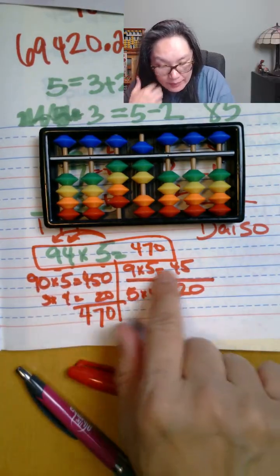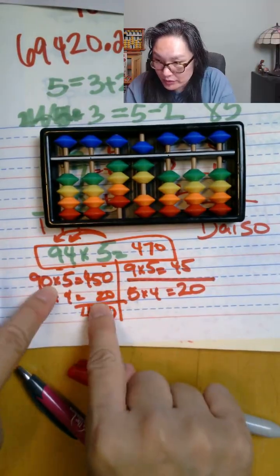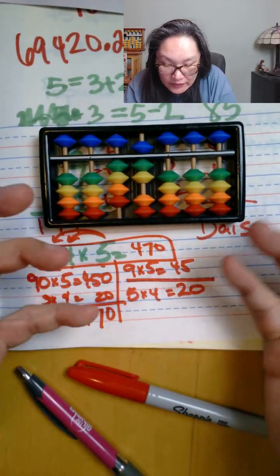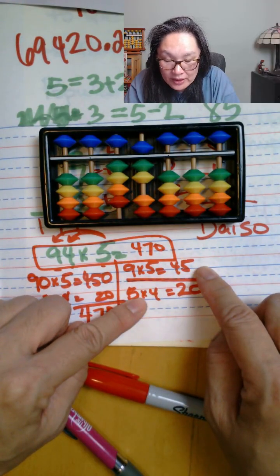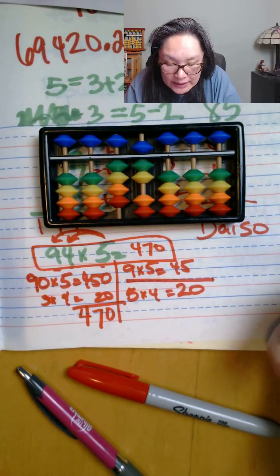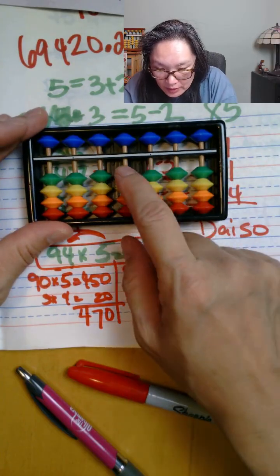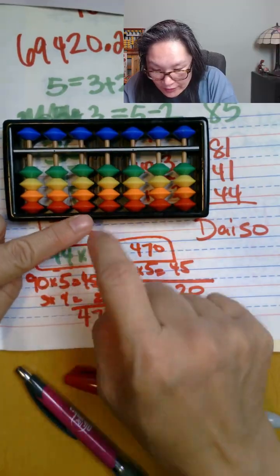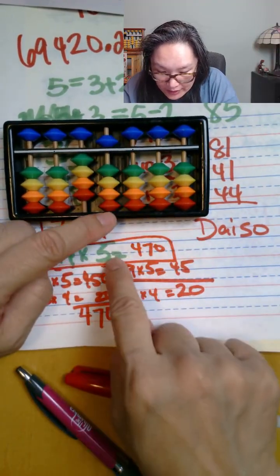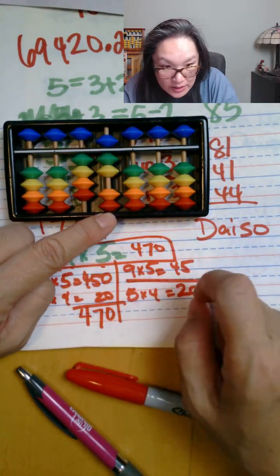In abacus math, we don't need to write out extra numbers. Ideally, you know your multiplication facts. So all you have to do is say 9 times 5 is 45, I add the 4 and I add the 5. And then 5 times 4 is 20. So that's what I do.